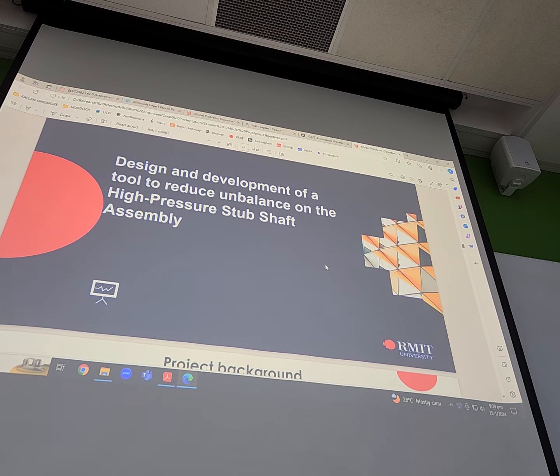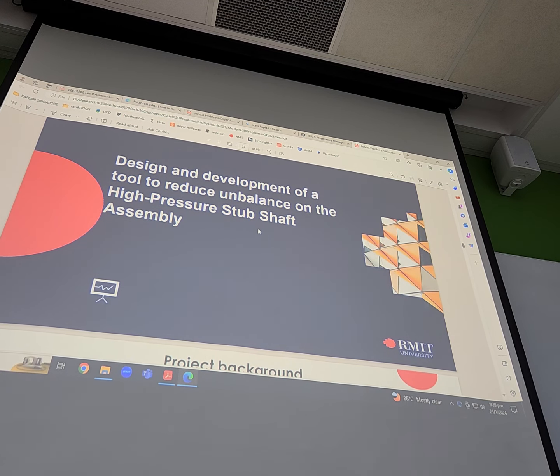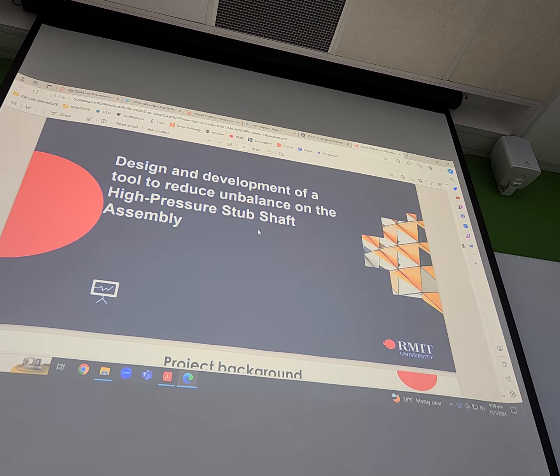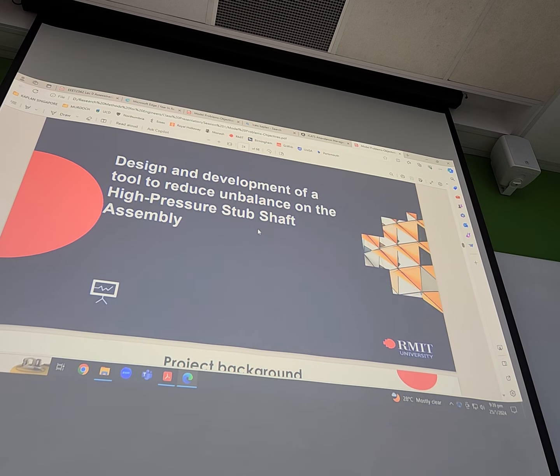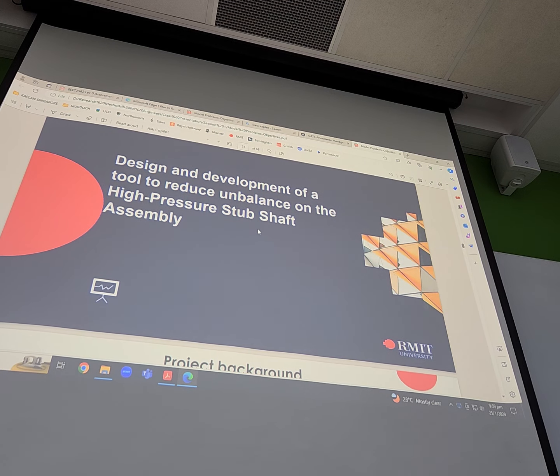Okay, this is another topic: design and development of a tool to reduce unbalance on the high pressure stub shaft assembly. You can see by going through the title that this is a totally workplace topic, and the student must have a lot of experience on this. When some of you come with your topics, they will sound so unique and so special to you, meaning your workplace.